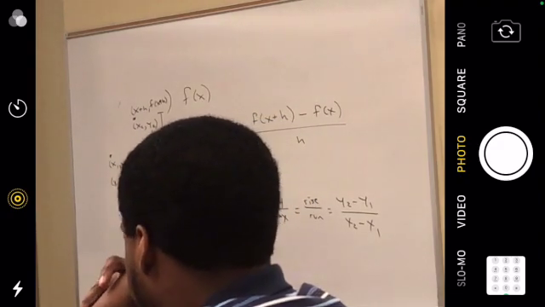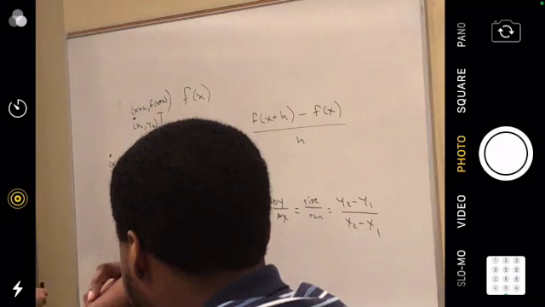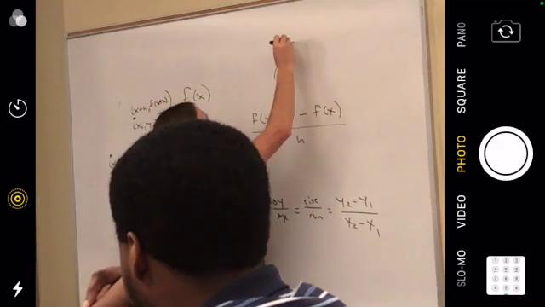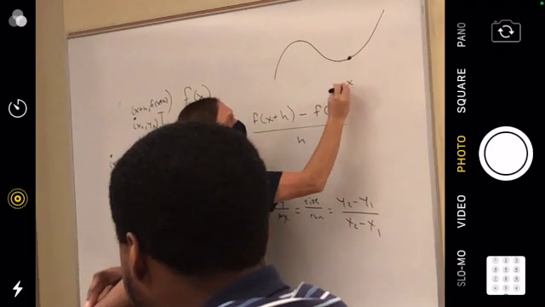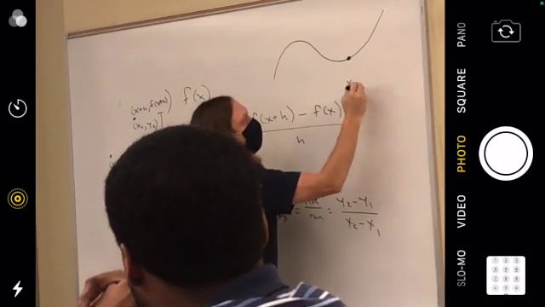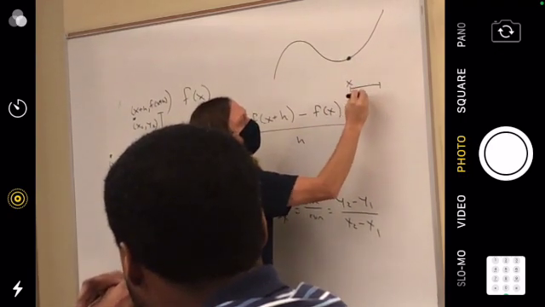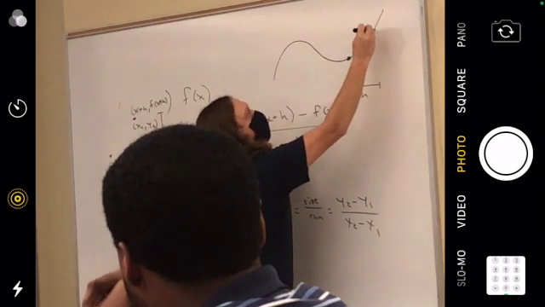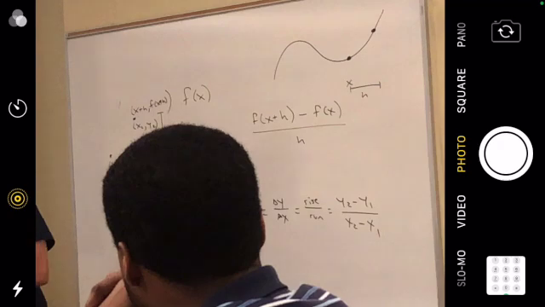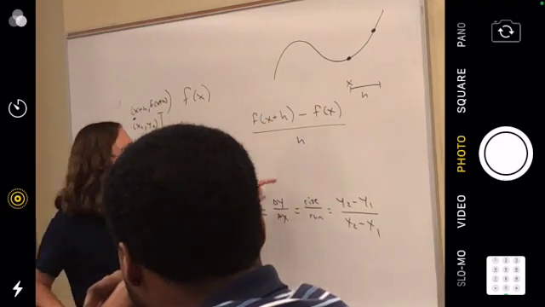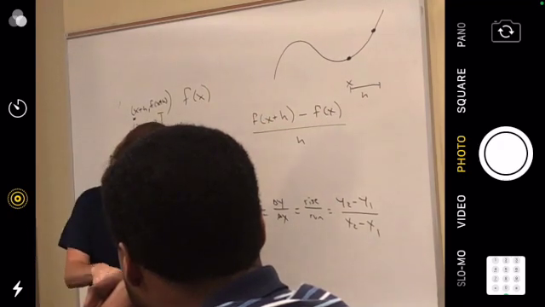Is this going to give me the right answer? Here's some graph. Let's start here with x. And now I move h units this way. Now I have this point here, right? So when I do this formula, what am I finding?